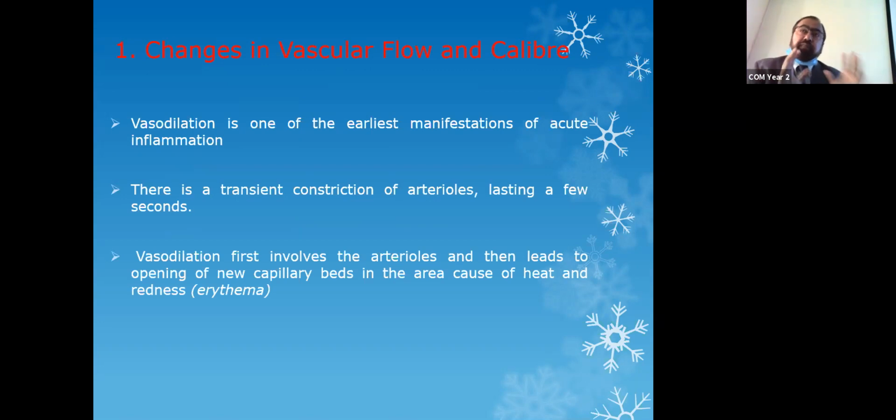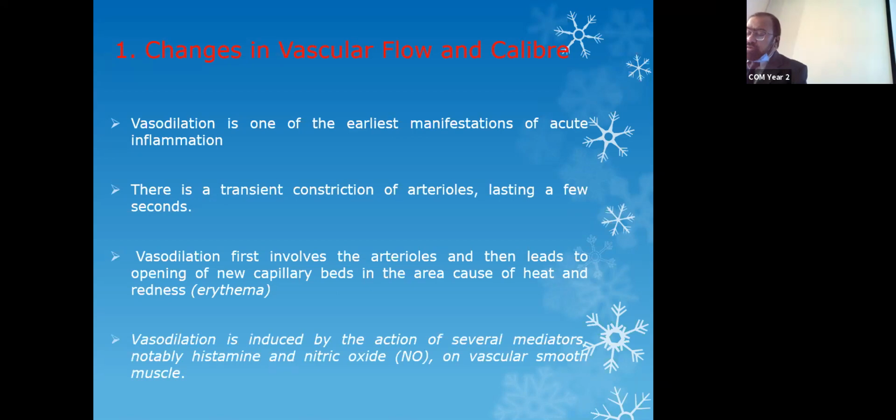But if you need something more at that area, then the channels open and the capillaries become engorged with blood. And that is the reason for hyperemia, redness and warmth, erythema. So vasodilation is induced by the action of several mediators like histamine and nitric oxide. These are the two important chemical mediators which come first there.